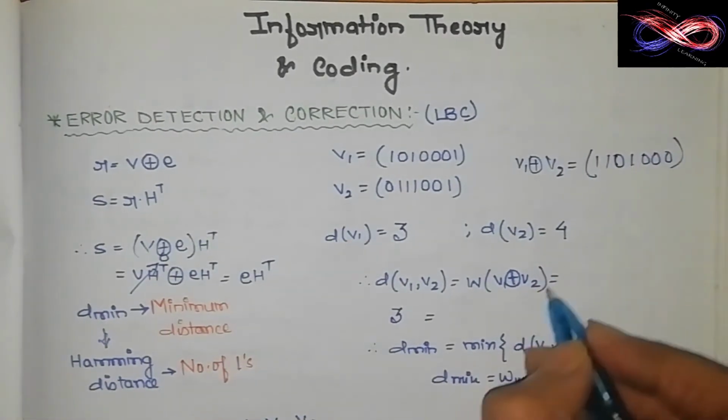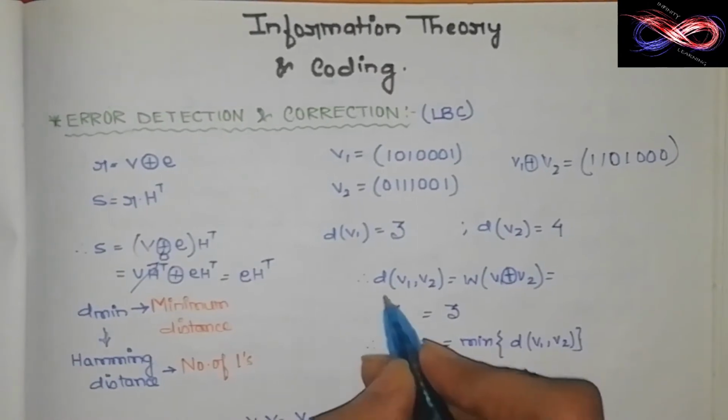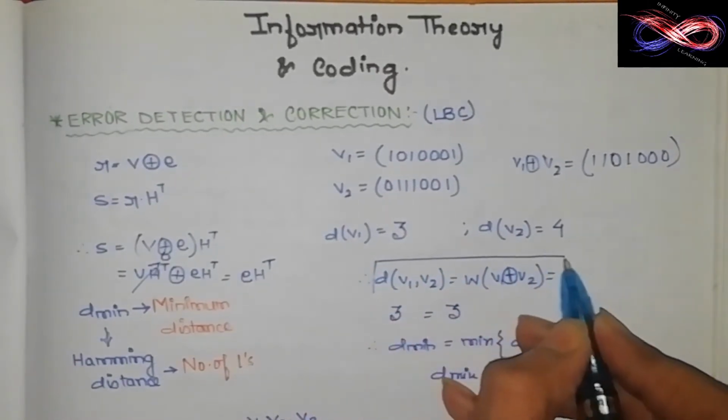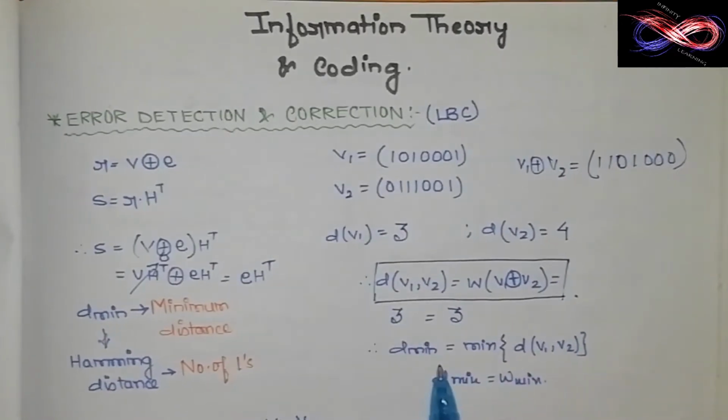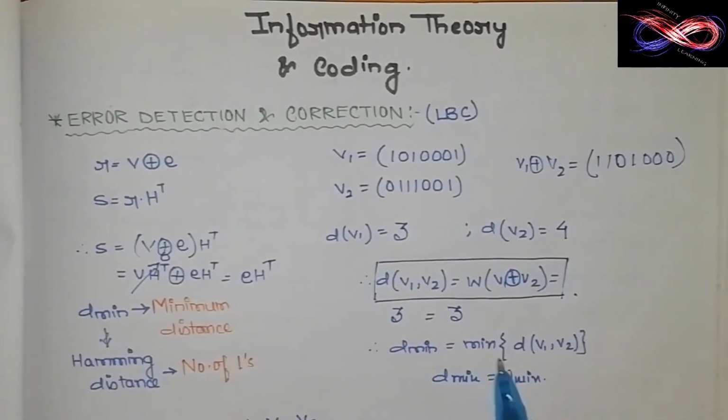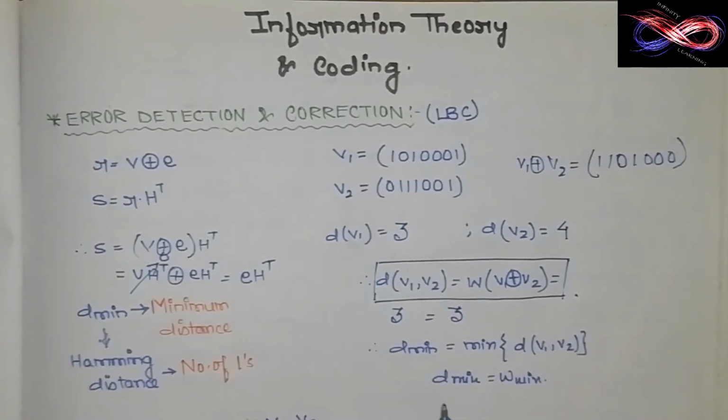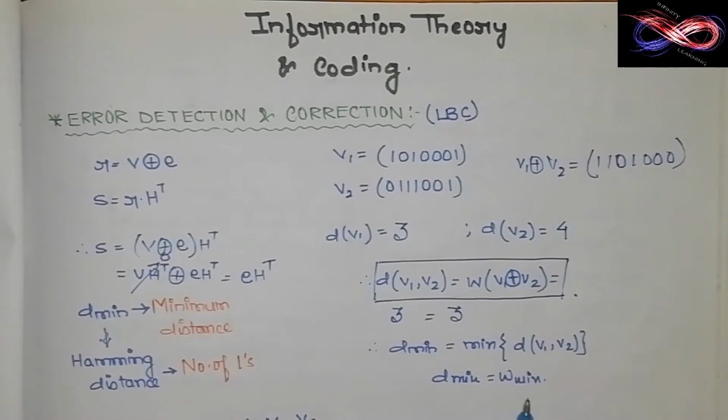So the number of ones is 3. So we can see that the weight and distance will be the same. Now D min can be defined as the minimum value between the D of V1 and D of V2, and D minimum is also equal to W minimum.